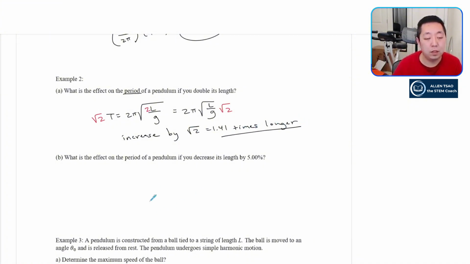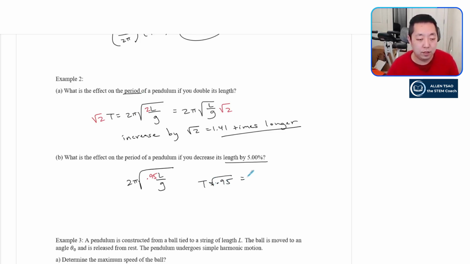What is the effect on the period of the pendulum if you decrease its length by 5%? Decreasing its length by 5% is multiplying it by 0.95. You would take the period and multiply it by the square root of 0.95, and the square root of 0.95 is 0.975.